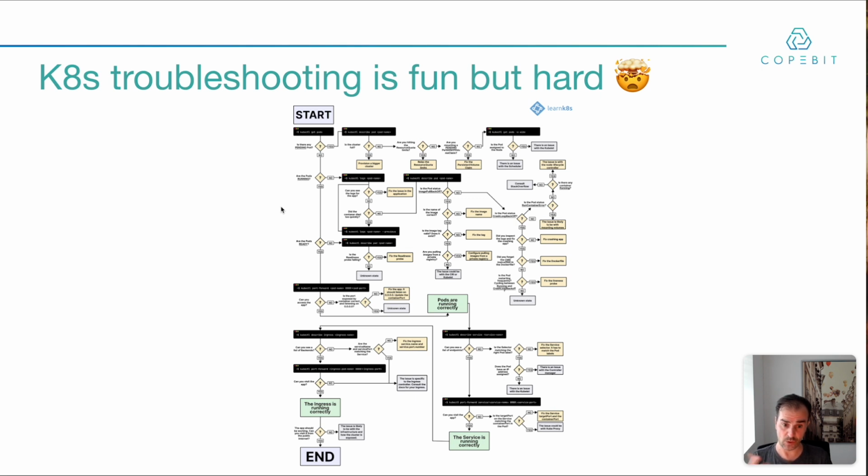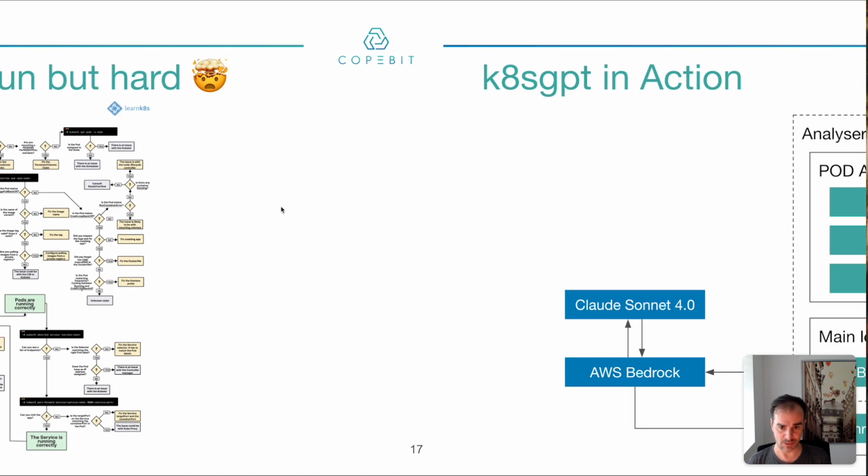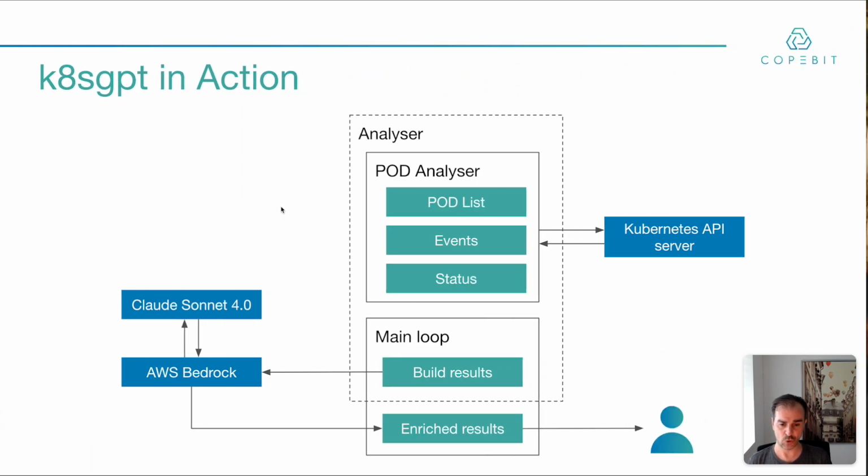When I set up all these demonstrations, I used quite a few tools, as you have seen, and getting them all to work was not easy. But I had the help of K8sGPT, and K8sGPT really helped me to correlate and find the missing pieces. And that was done with the help of large language models.